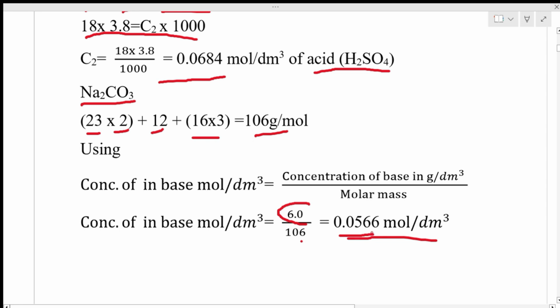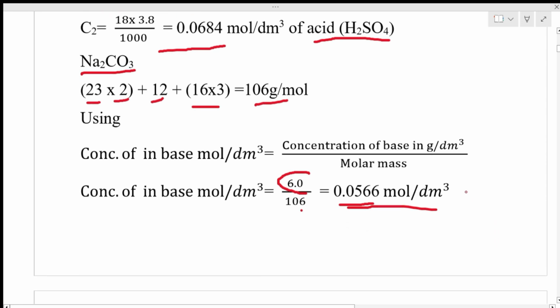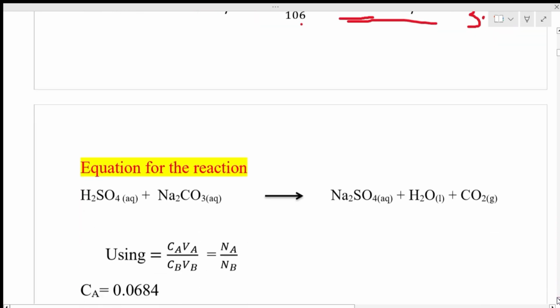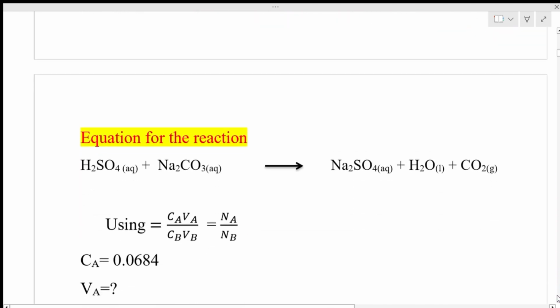So I'm going to have 0.0566 mole per dm³. Remember, it must be 3 significant figures anytime you are dealing with mole per dm³. And anytime you are dealing with molar mass, it must be gram per mole. That's the standard.